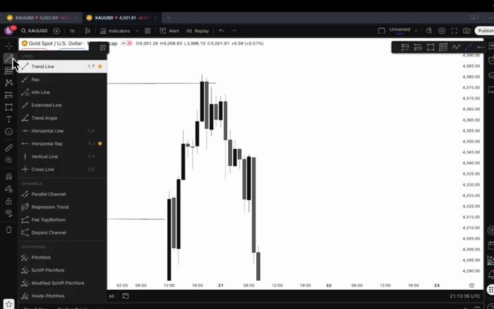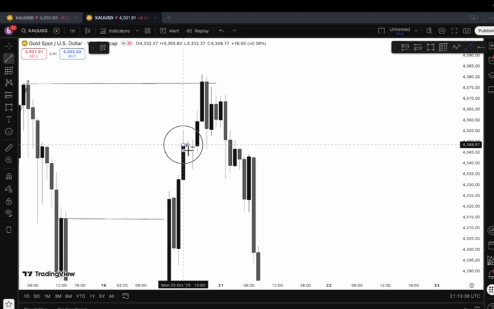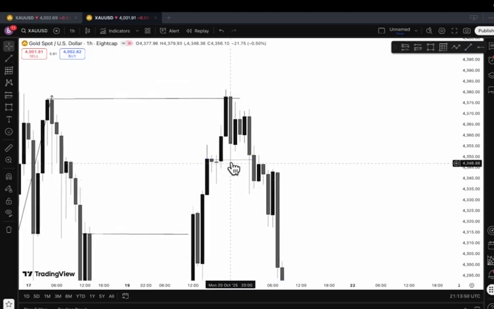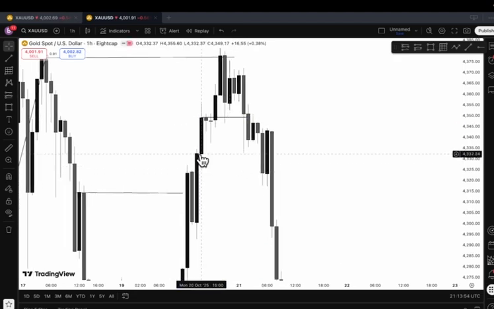Now this zone got taken out. This is the zone here. This is the buy zone that got taken out. It got taken out over here. This is the validation.